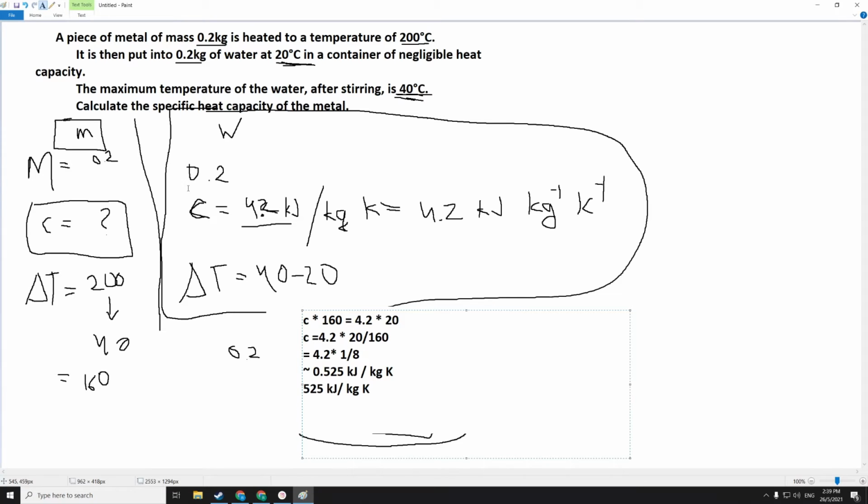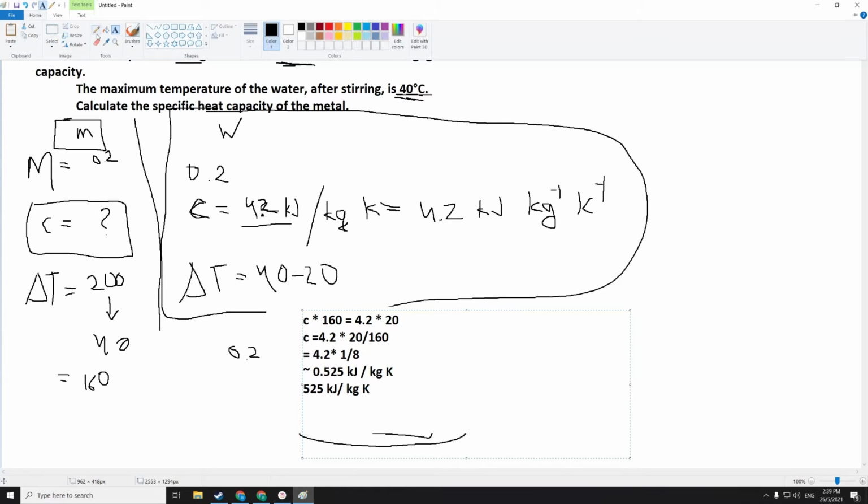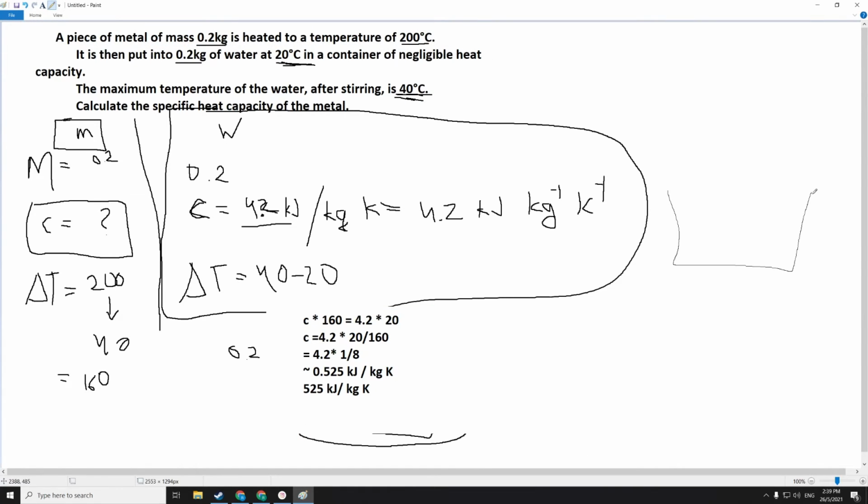It's a little bit more challenging because it doesn't just tell you the numbers and ask you to compute it. Instead, it asks you to make an observation and form a relationship: that the energy gained by this water should be the same as the energy lost by this piece of metal.